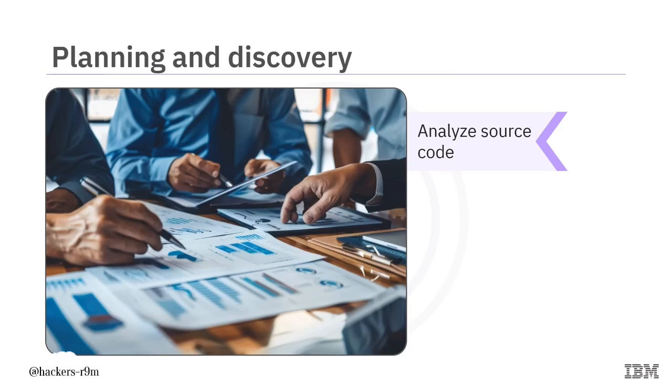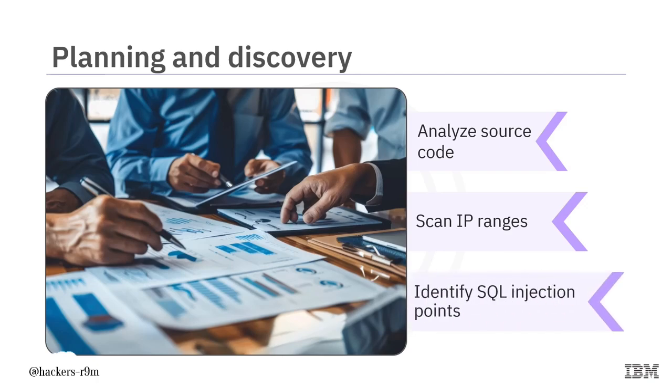OSINT techniques uncover public information about the platform, such as employee details, that could be useful in social engineering attacks. Additionally, they scan the IP ranges provided and find several open ports, including one running an outdated Apache server version. Potential injection points in the platform's login functionality are also noted, which could be susceptible to SQL injection.